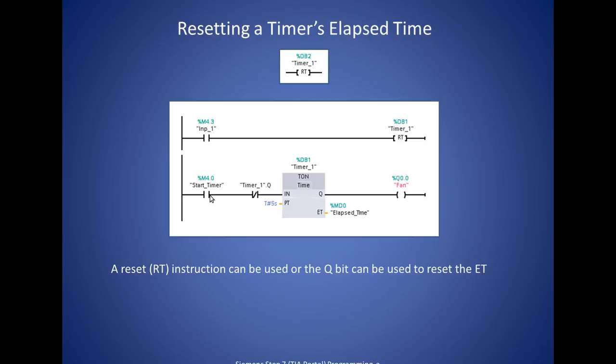And so here's an example where we start the timer and the output is false until elapsed time equals 5 seconds in this example. And then once that evaluates to true, the Q bit for this timer is 1, or is true. And so on the next scan, the next cycle for the PLC, this tag is going to be 1, so that if we examine if open, then that's going to evaluate to false.